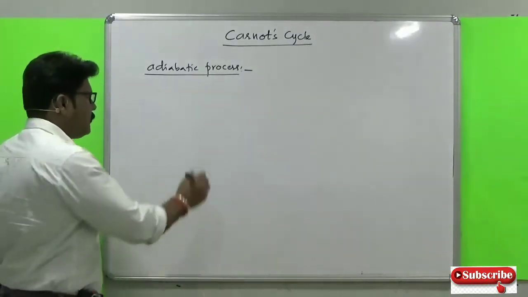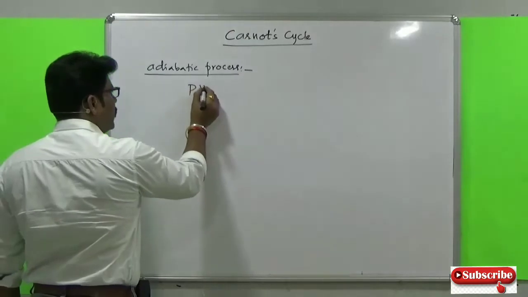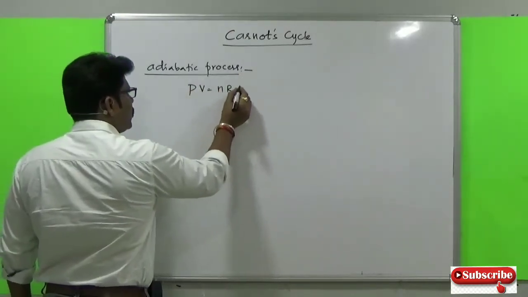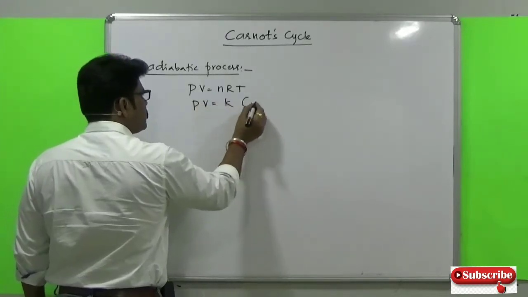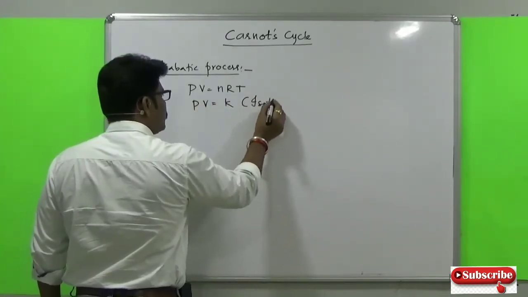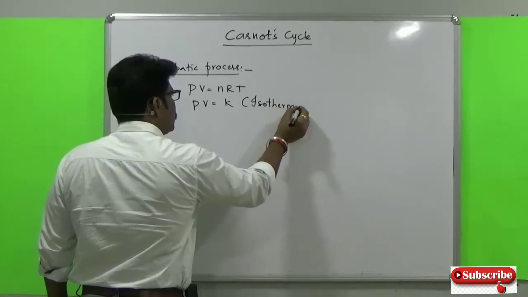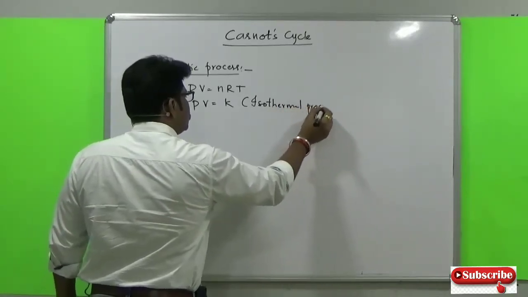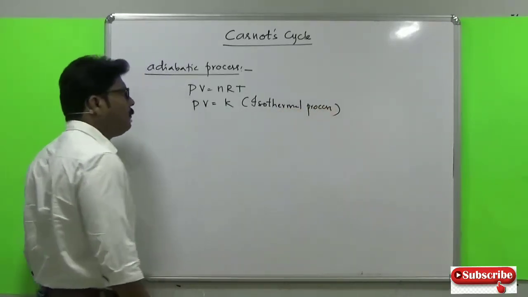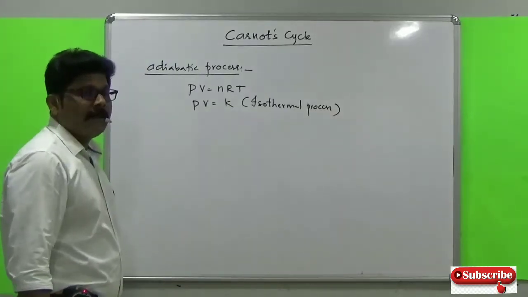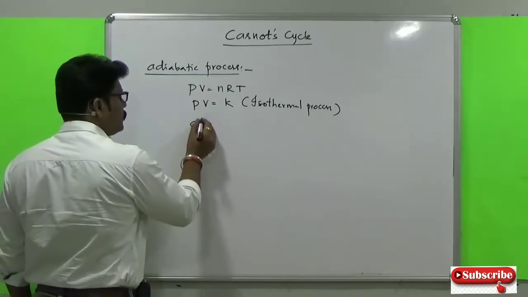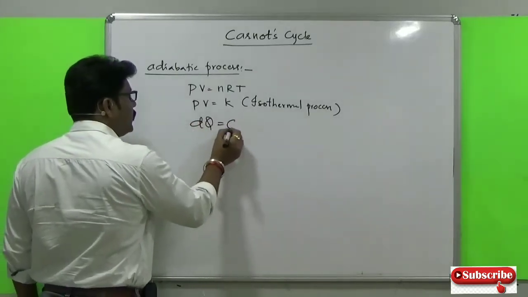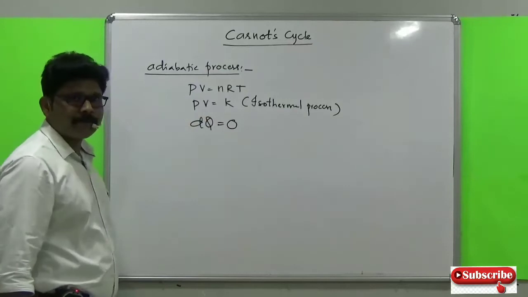PV is equal to nRT, temperature is constant, PV equal to constant लिख रहे हैं, isothermal process में। अब देखो, adiabatic process में heat remains constant, dq equal to 0.